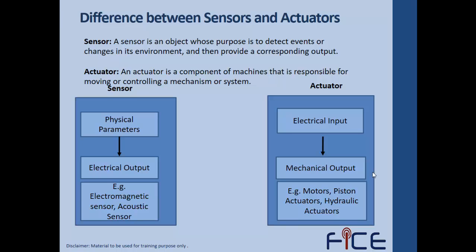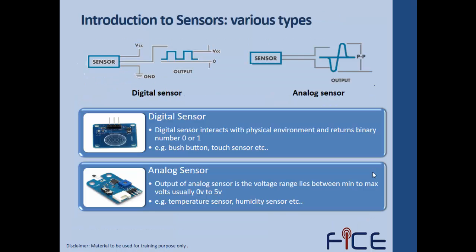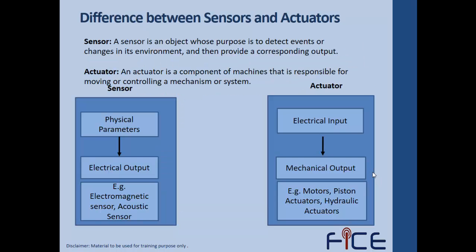Next, we will discuss the actuator. An actuator is a component of a machine that is responsible for moving or controlling a mechanism or system. An actuator requires a control signal or source of energy. When the control signal is received, the actuator responds by converting the energy into mechanical motion. Examples of actuators are hydraulic, pneumatic, or electric actuators.